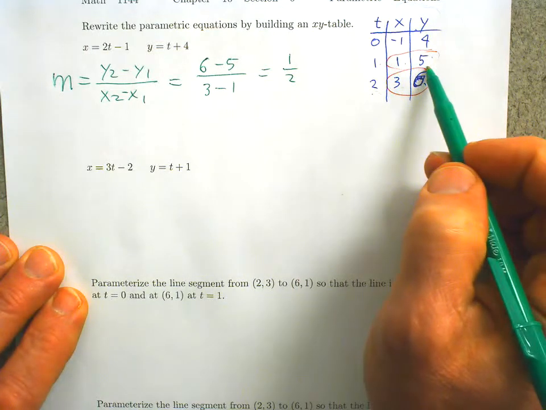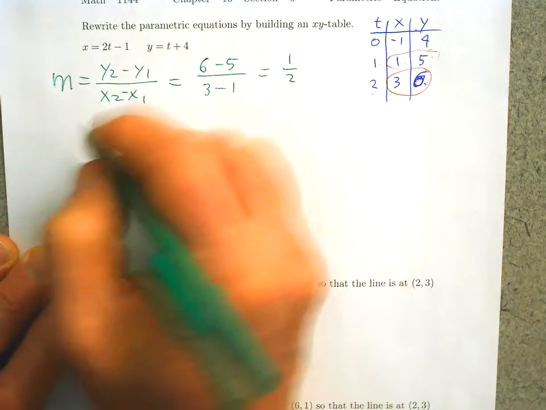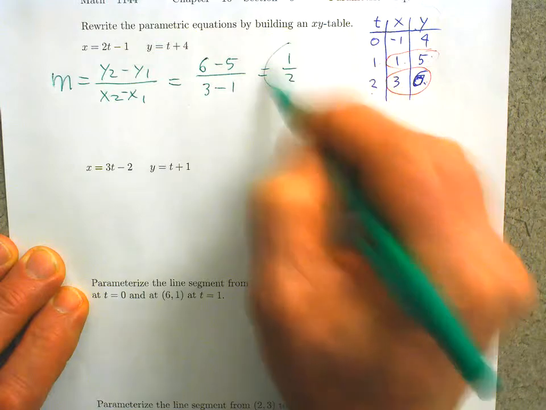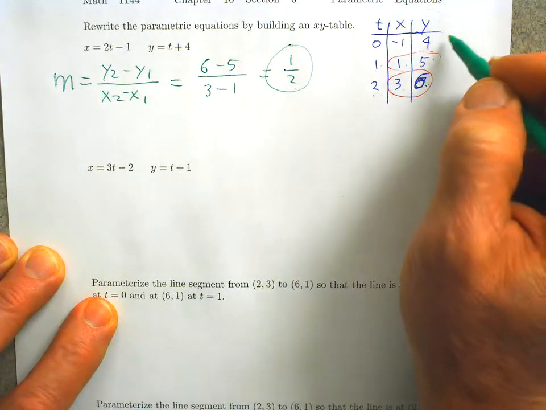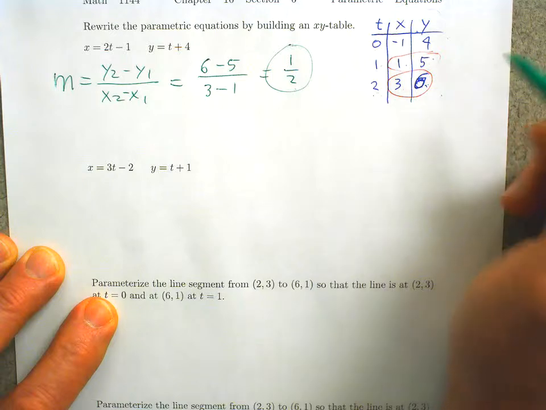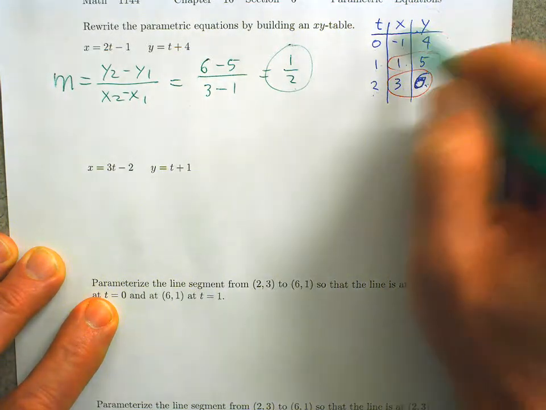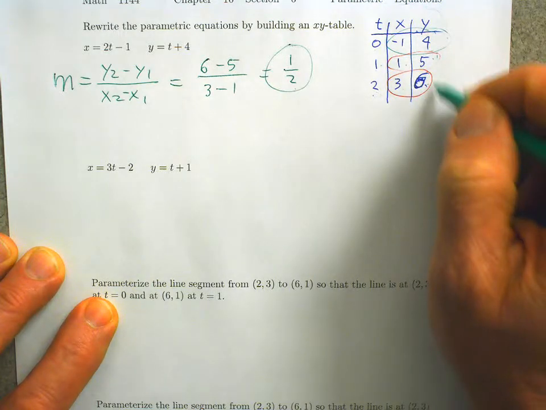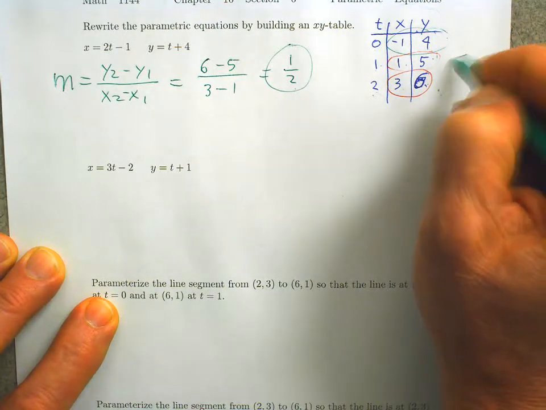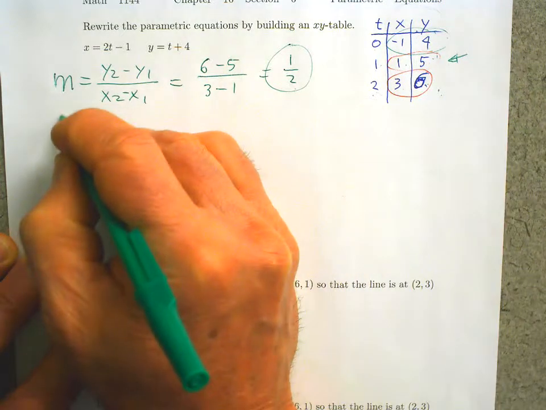And then remember the point slope form. If I know the slope of a line and one ordered pair on the line, then I can write the point slope equation. We have 3 points to choose from, so pick any one of those 3 points.